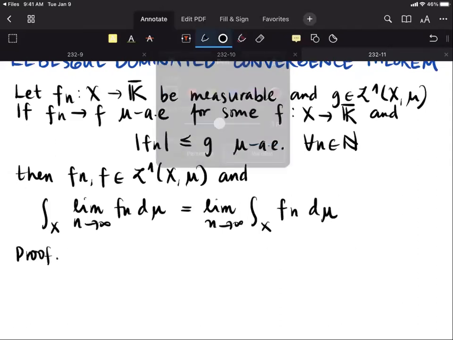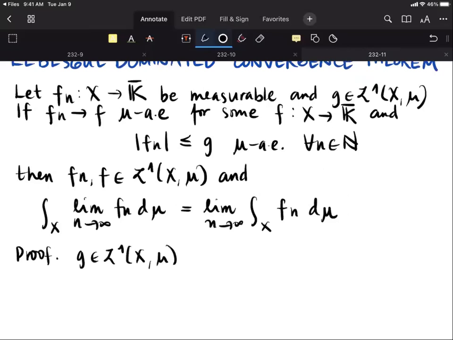So let us take up the proof of this celebrated theorem. G being integrable implies that f sub n and f are also integrable by monotonicity.